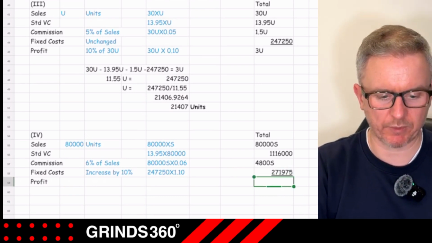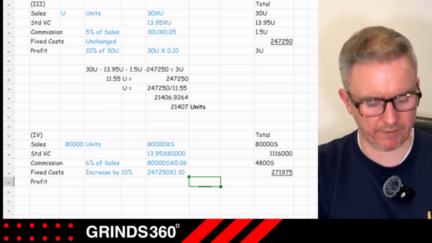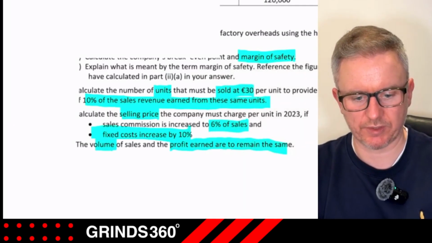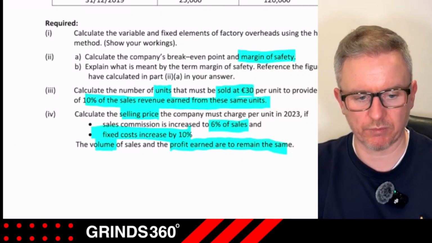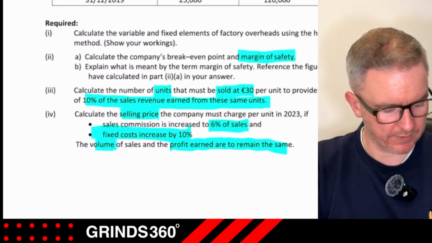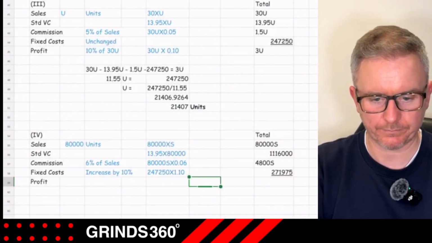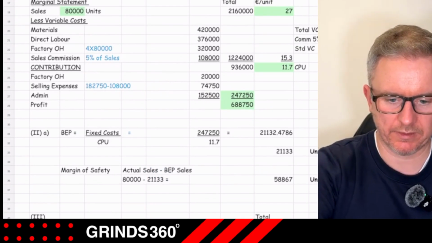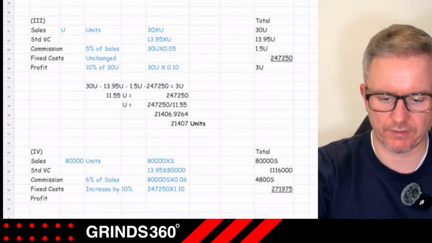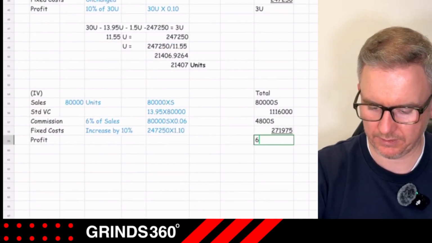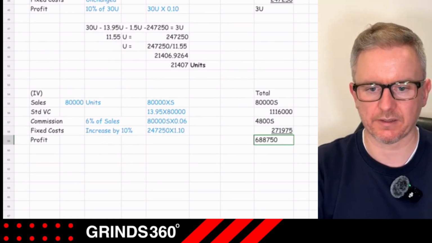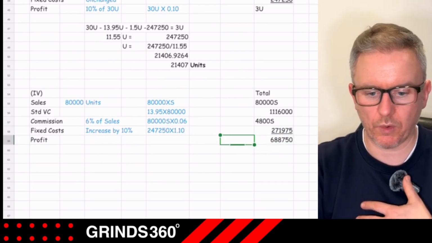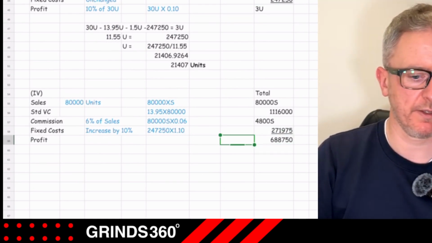And then what's happening with your profit? They've told you that the profit is to remain unchanged. Okay? Profit earned will remain the exact same. So look at what happens here. Go back up. Take your profit figure, 688,750. And that's it. Okay? So now the only unknown that we have is our S value.